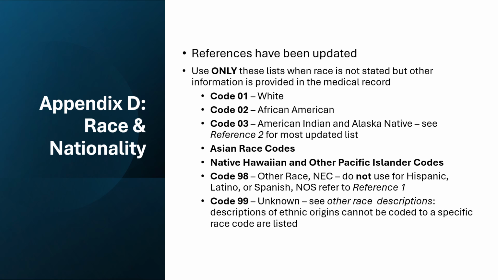We need to refer to reference 1. And for code 99, unknown, we need to see other race descriptions. So the descriptions of ethnic origins cannot be coded to a specific race code. They are listed for code 99. Again, refer to Appendix D when the race is not stated, but you have other information in your medical record.